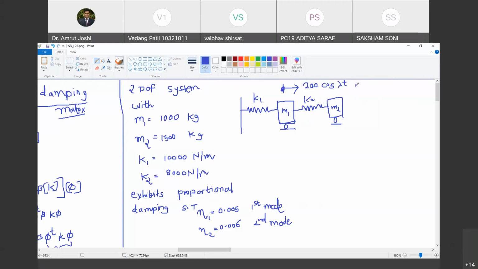This is the force in Newton, and at this mass it is acted upon by the force 150 cos lambda t Newton. So this is F1 of t, this is F2 of t. Are you with me? Yes, sir.